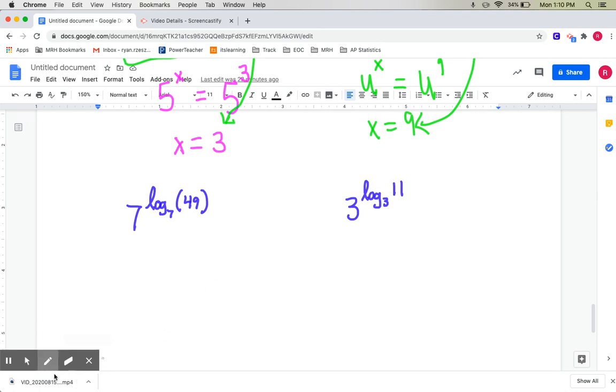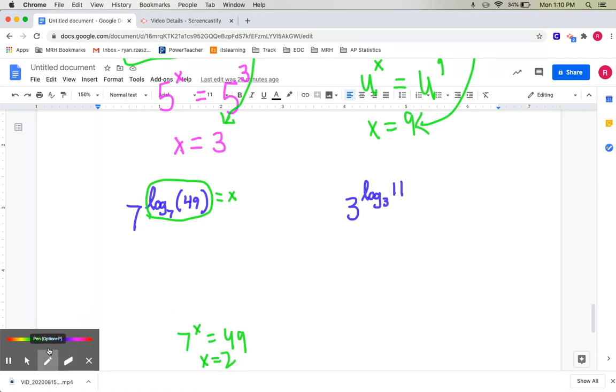So I'm actually going to start on this next example by doing my exponents and figuring out an answer for just that guy. So if I look at just my exponent here, I'm going to have 7 to the x equals 49. If I do the thing, I'm going to find that my answer for the exponent, this green exponent, is really a 2.